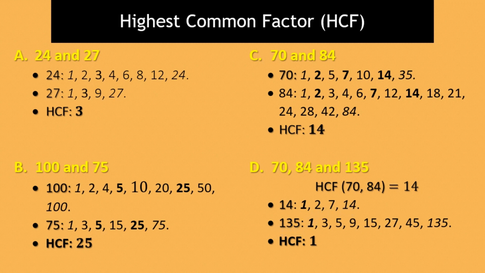The highest common factor, or the only factor that 14 and 135 have in common, is 1. Therefore, 1 is the highest common factor of 70, 84, and 135.